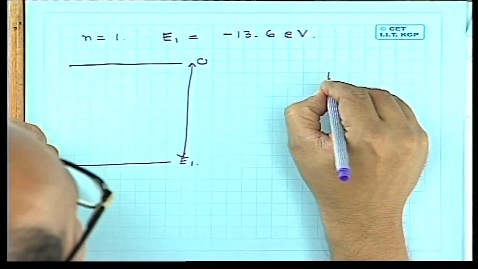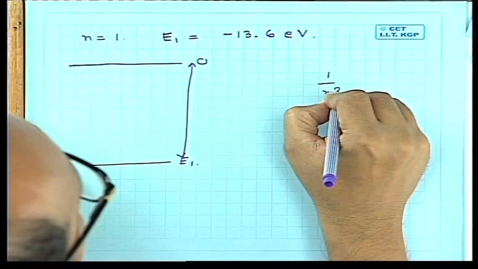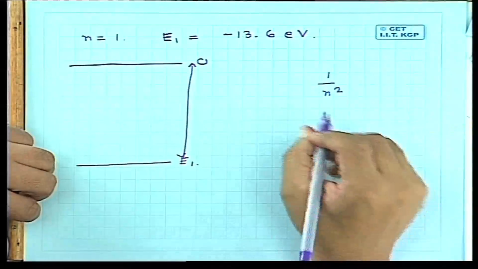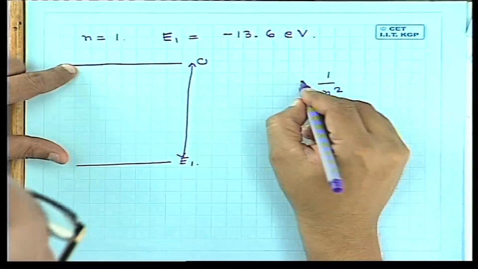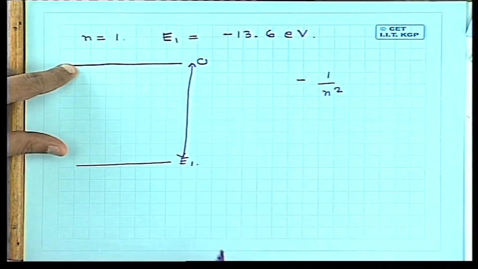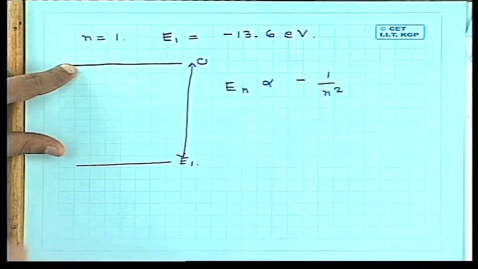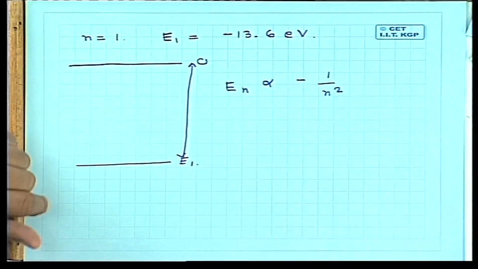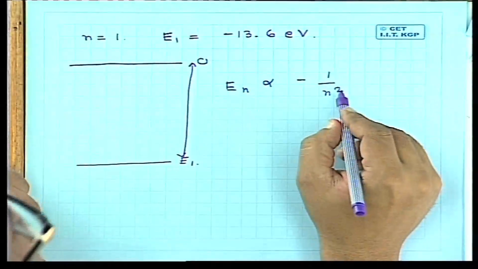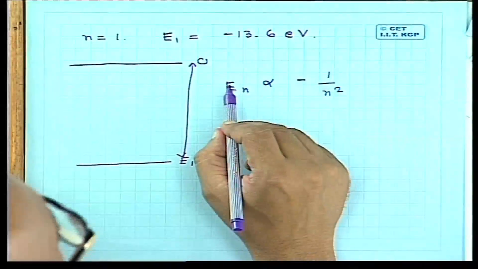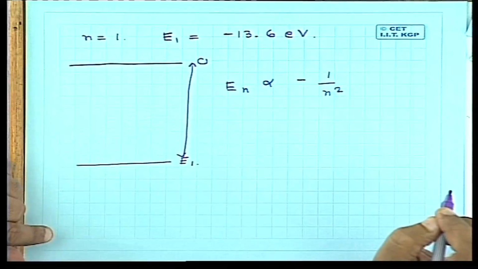Now there are intermediate energy levels, so let us also draw that. The level spacing is proportional to 1 by n squared. So the difference from 0, minus 1 by n squared, so E_n is proportional to minus 1 by n squared. So the larger the value of n, the smaller is the value of energy.